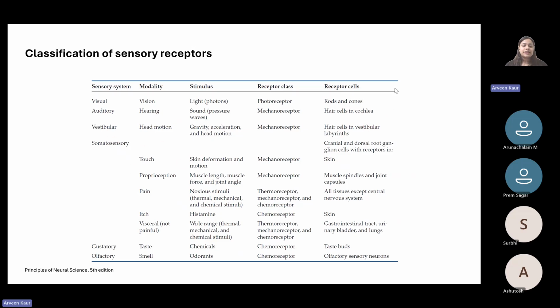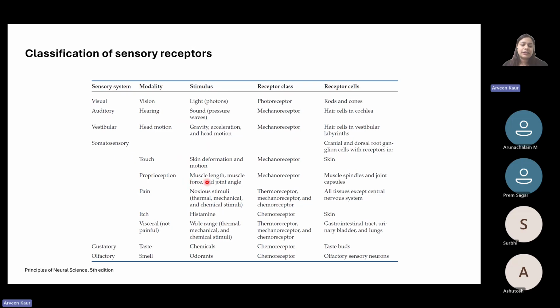Then comes the somatosensory system, right? The receptor cells over here are the cranial and dorsal root ganglion cells with the receptors. For the modality that is touch, the stimulus is skin deformation and motion. The receptor class again is mechanoreceptors, and the receptor cells are within the skin.